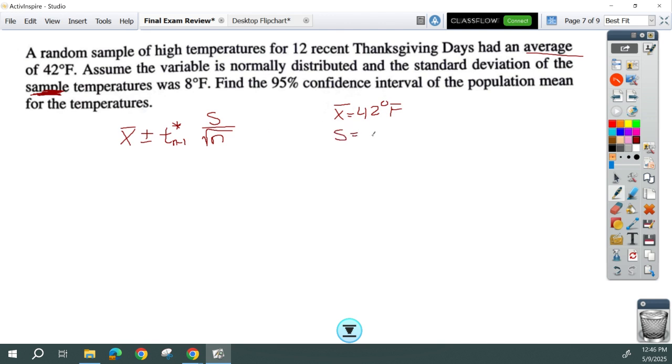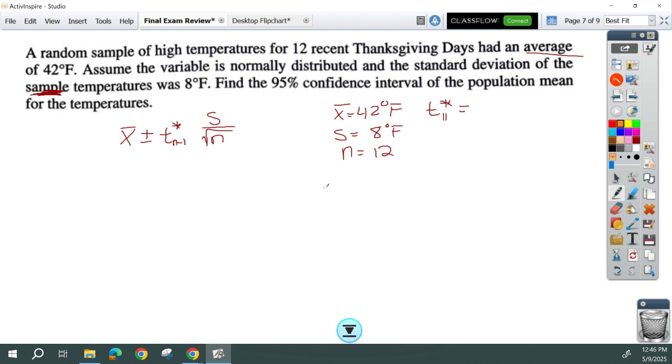So if we have a sample standard deviation of 8 degrees, we're going to need T star. Our sample size is 12 Thanksgiving days, n is 12. And so that n minus 1 that we would put here is 12 minus 1, or 11. And then we have to find this value. I think that's the only real difference here, is finding this value, T star with 11 degrees of freedom.